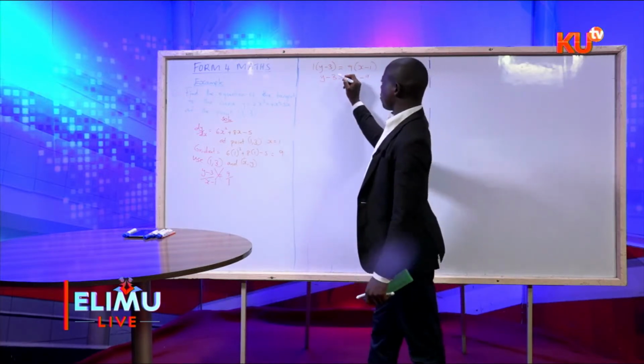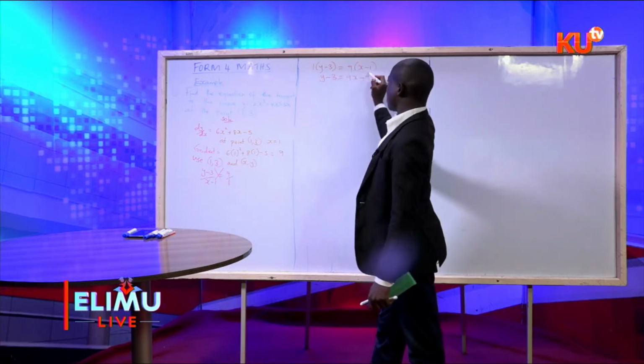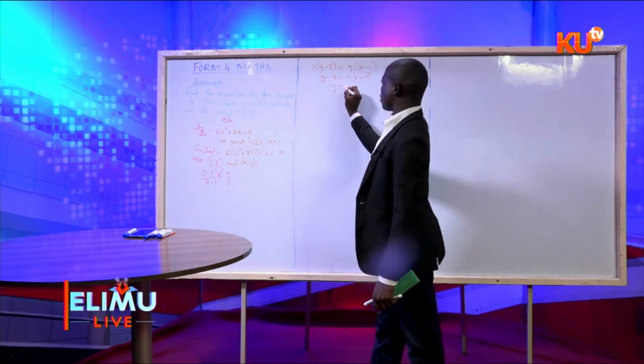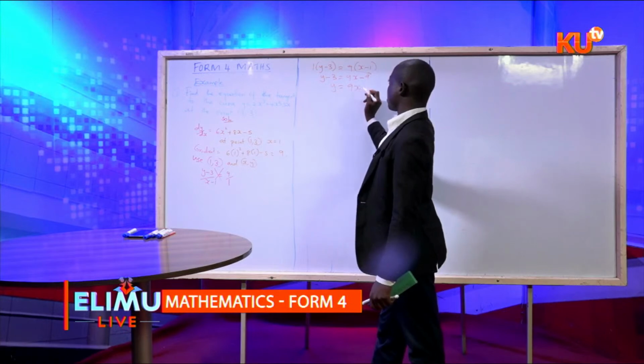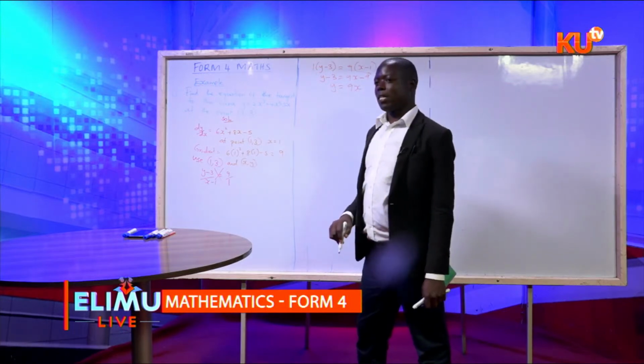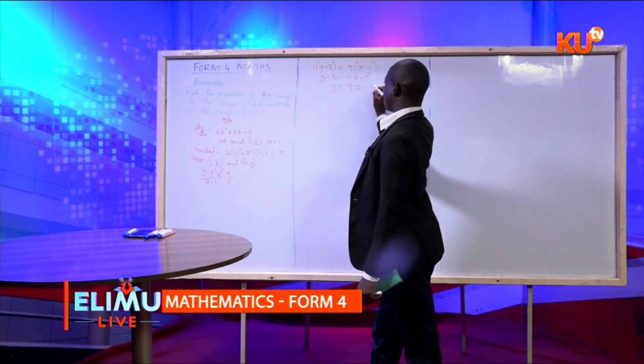Collect like terms. Minus 3 to the right side is plus. Therefore, y is equal to 9x. What is minus 9 plus 3? Minus 6. Sorry, minus 9 plus 3 gives us minus 6.